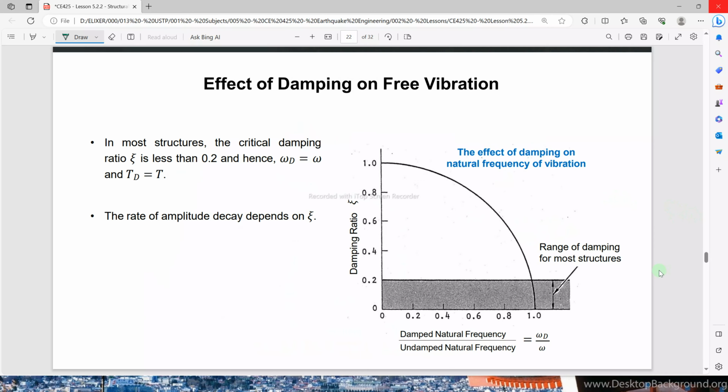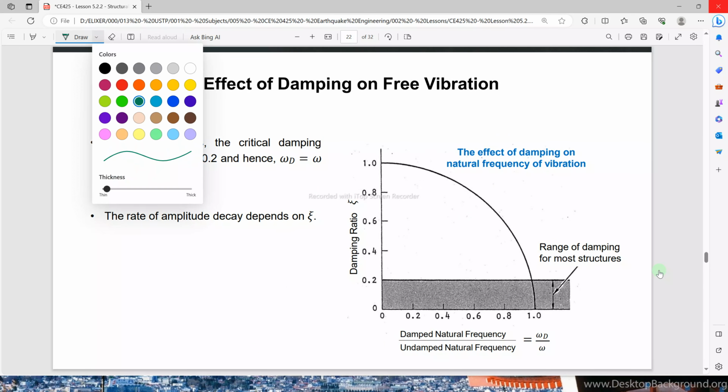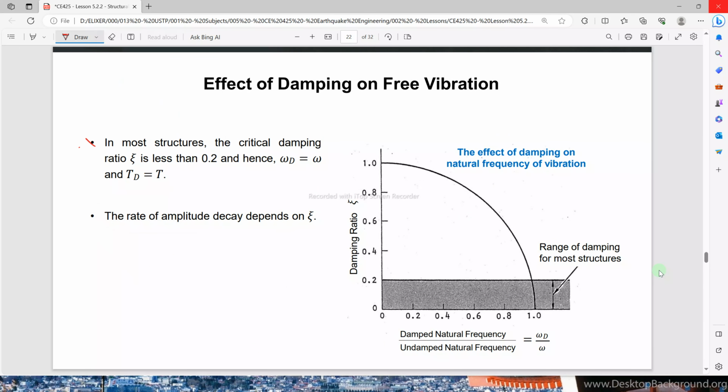Okay, moving on. Here we try to see the effects of damping on free vibration. In most structures, the critical damping ratio is less than 0.2, and hence omega d is equal to omega, and Td, or the natural period due to damping, is equal to T. Again, the critical damping ratio is equal to C over the critical damping coefficient.